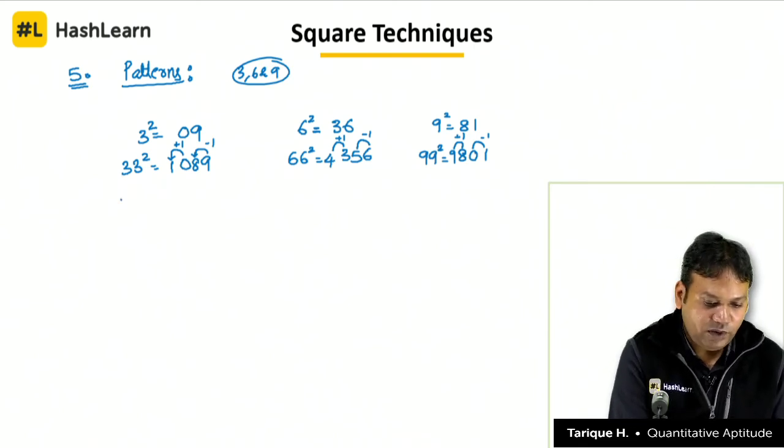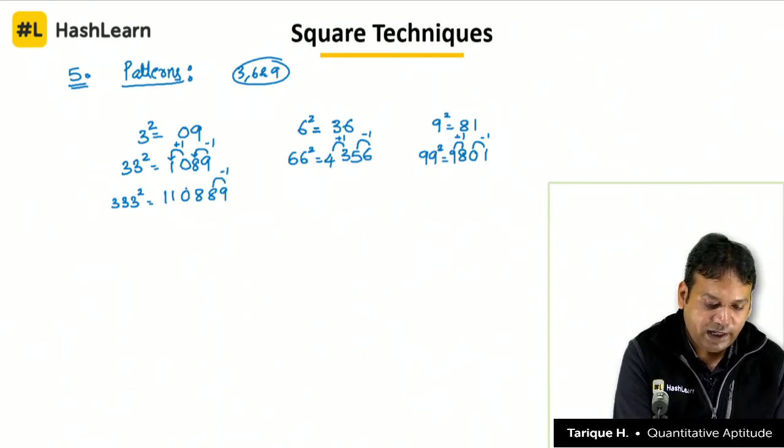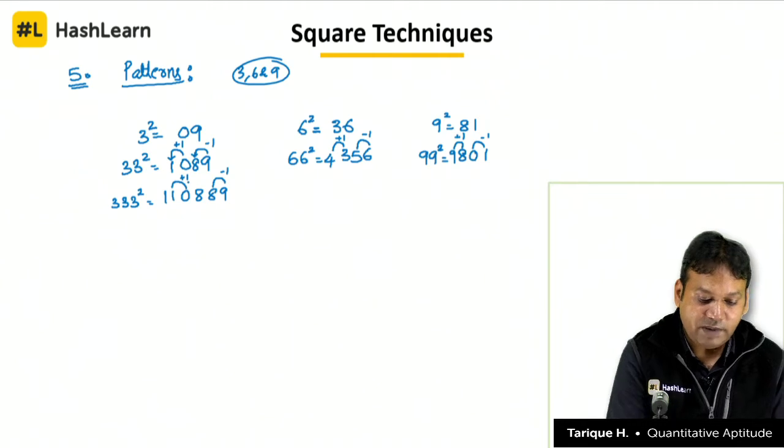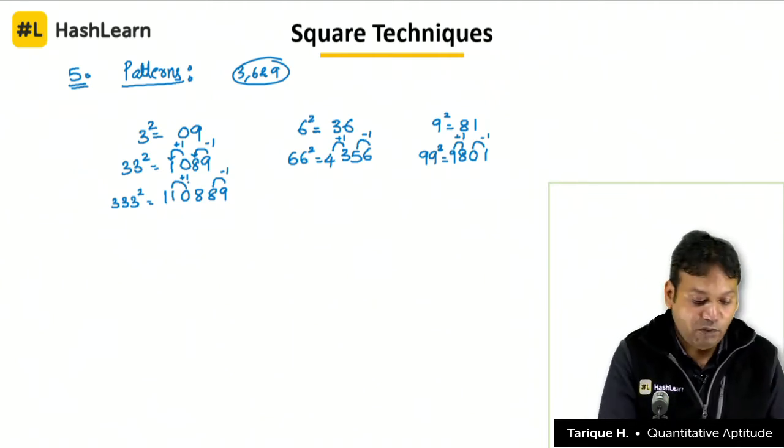Now, what do we do when we go on like this, 333 square, then we will get 110889. So, what is happening? In every step we are subtracting 1 from 9 and adding 1 to 0, correct. In every step we get 1 more 8 and 1 more 1.